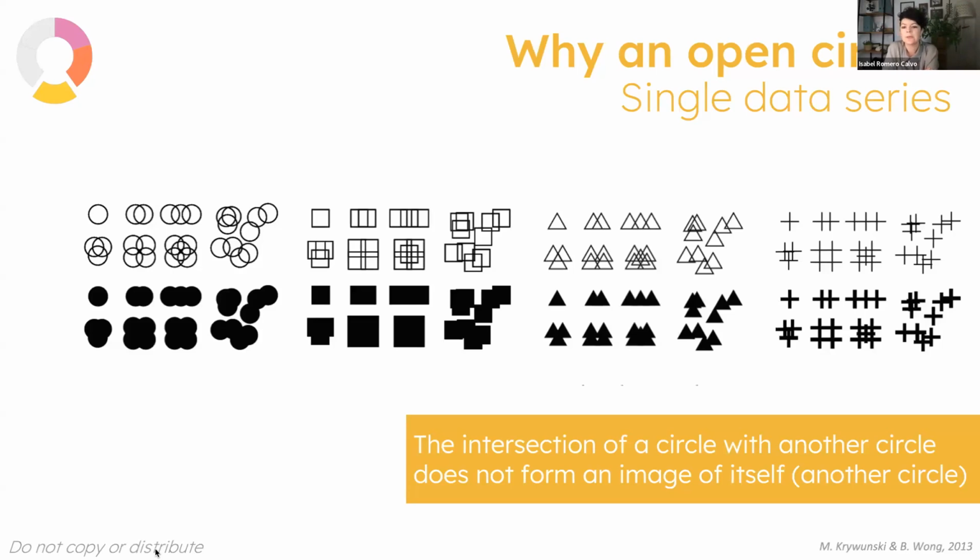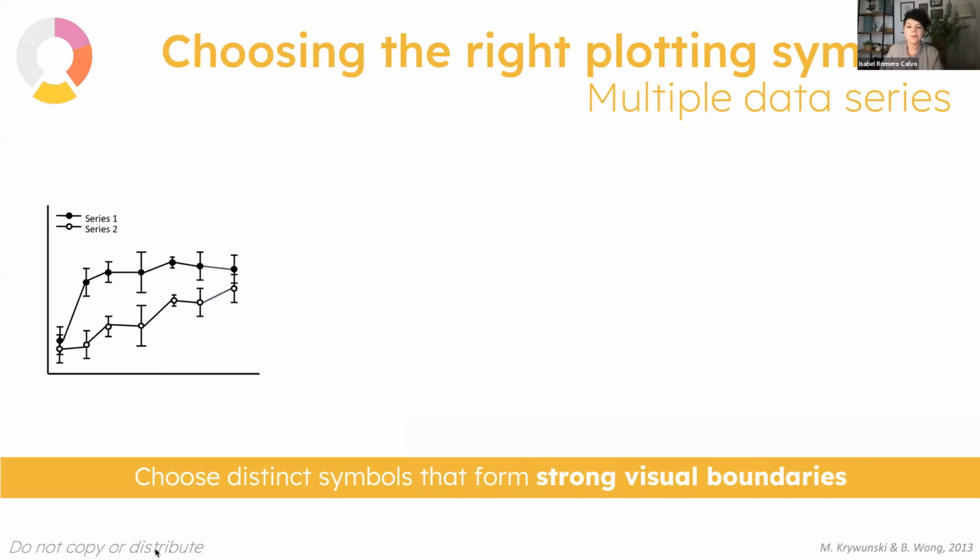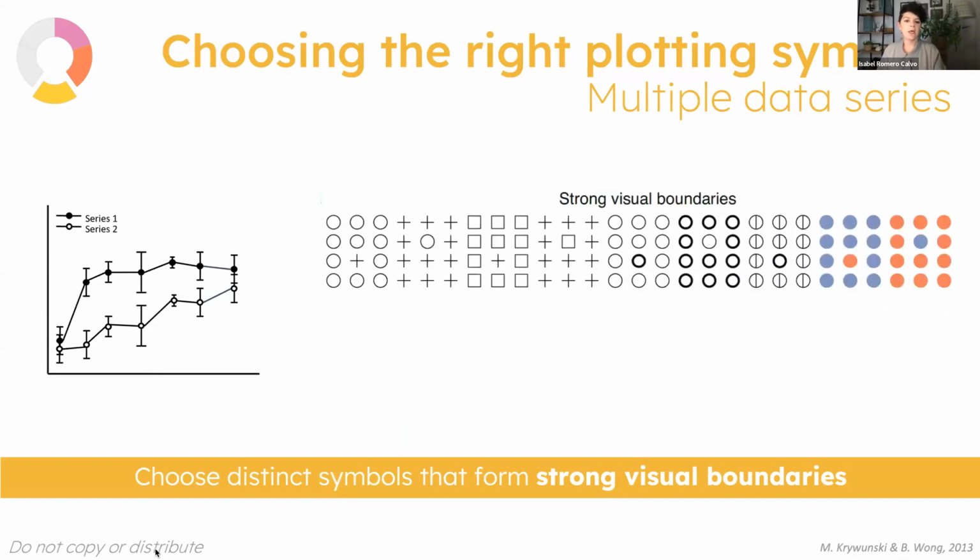However, with squares, with triangles, with anything else, if you have data that overlap each other, you may create some confusion because you create an image of itself. That's why, if you have a single data series, the most useful way to represent the data points is white circles.